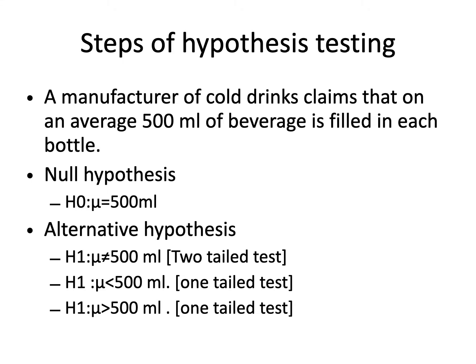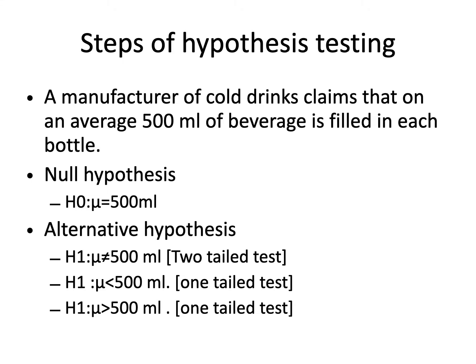And we call this a two-tailed test when the alternative hypothesis consists of the not equal to symbol. Or there may be another scenario where the bottle contains on average less than 500 milliliters of the beverage, and it is a one-tail test.